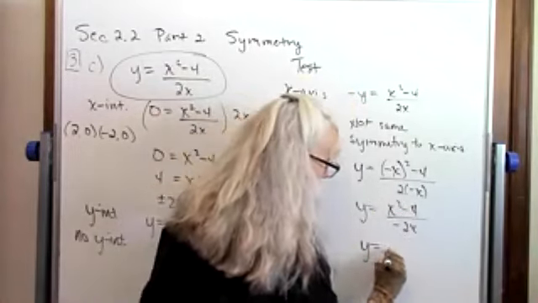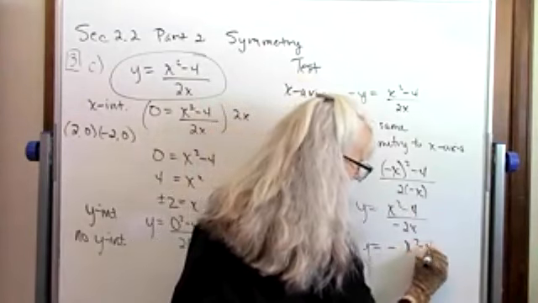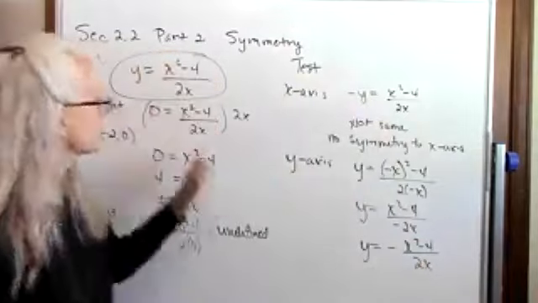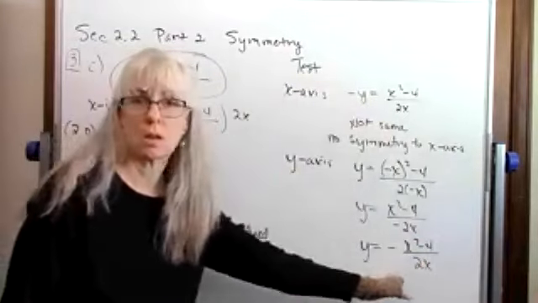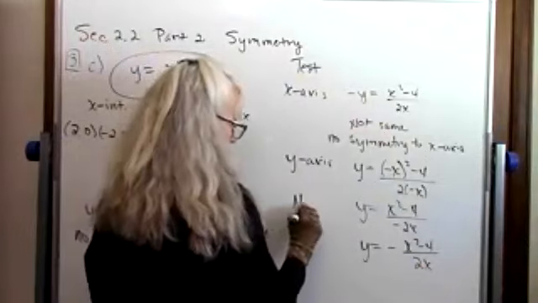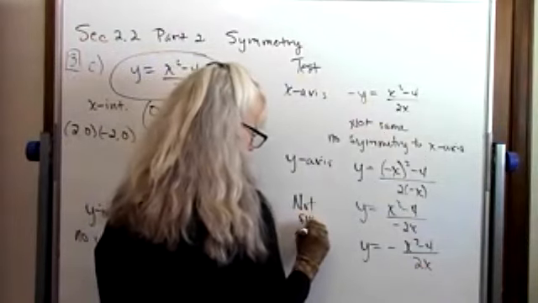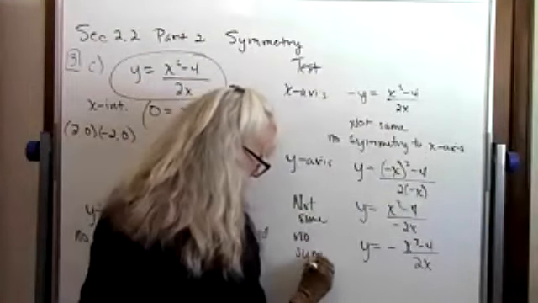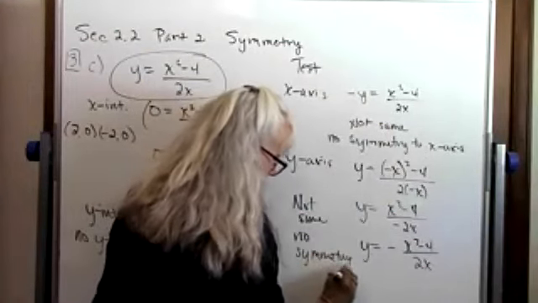So y is equal to a negative of x squared minus 4 over 2x. When I compare that to the original, it is definitely not the same. We have changed the sign on the right side. So we don't have any symmetry to the y-axis either.